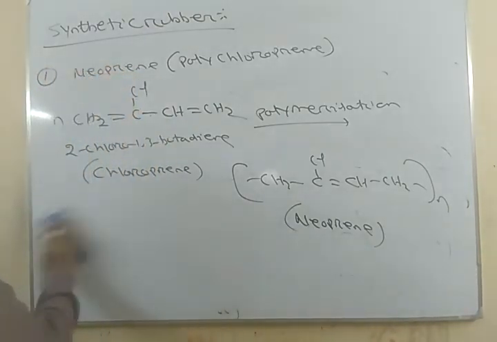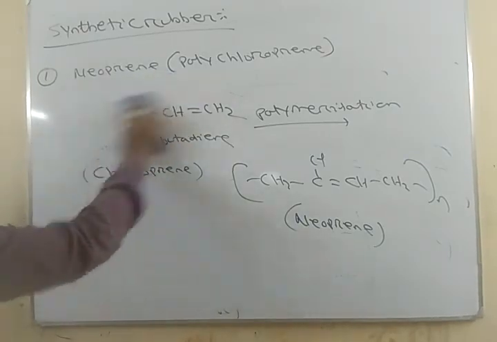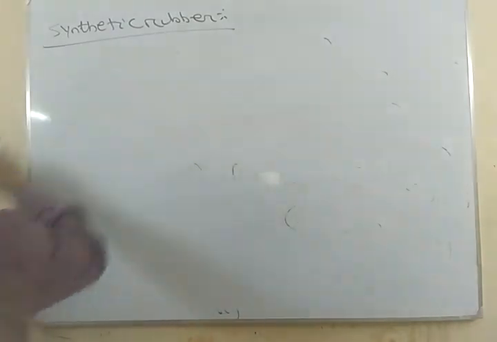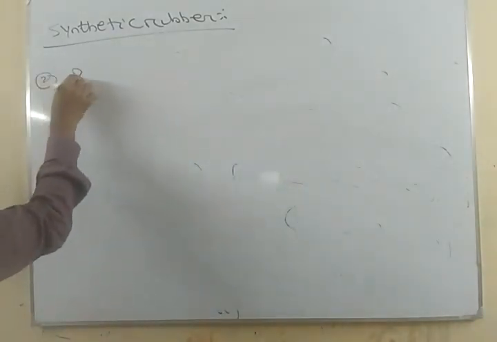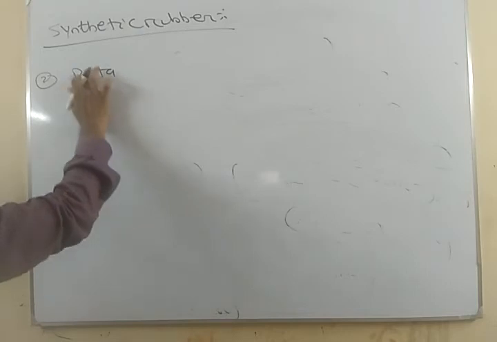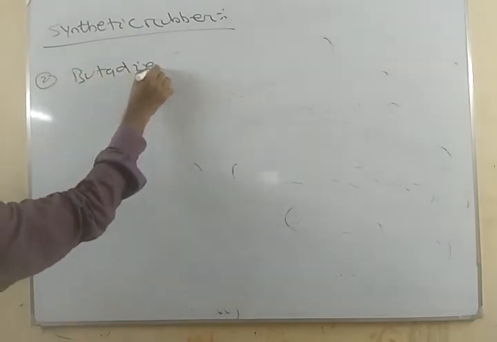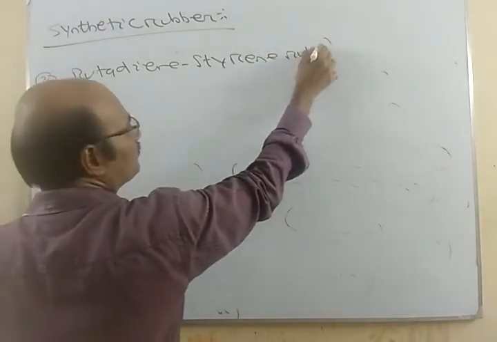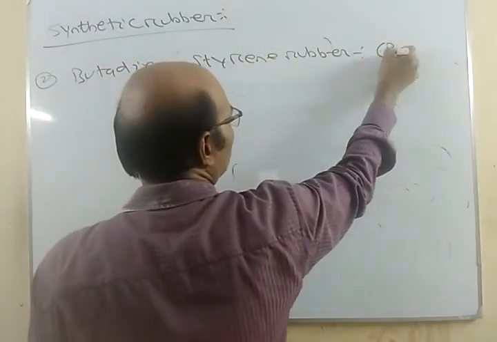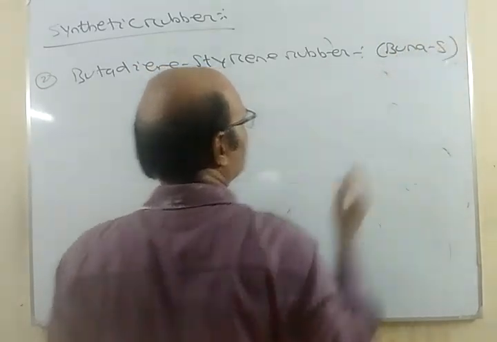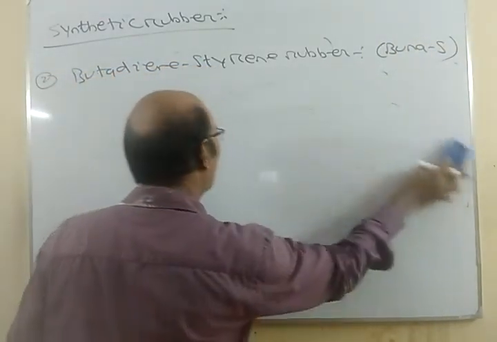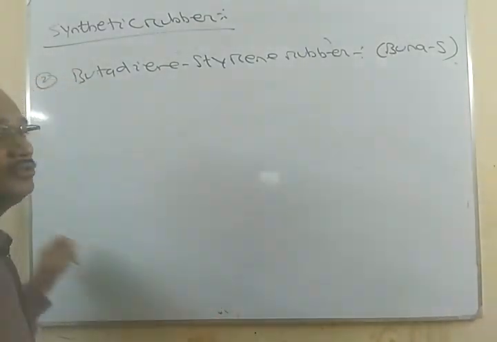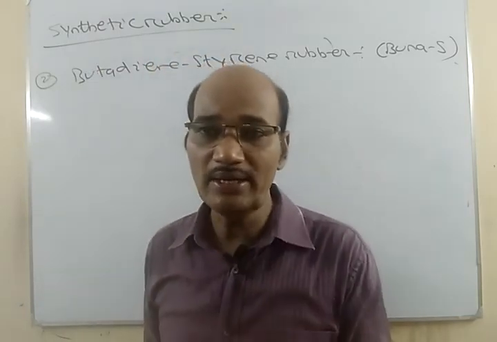Number two, Buna S, butadiene styrene rubber. This is a polymer of 1,3-butadiene and styrene.